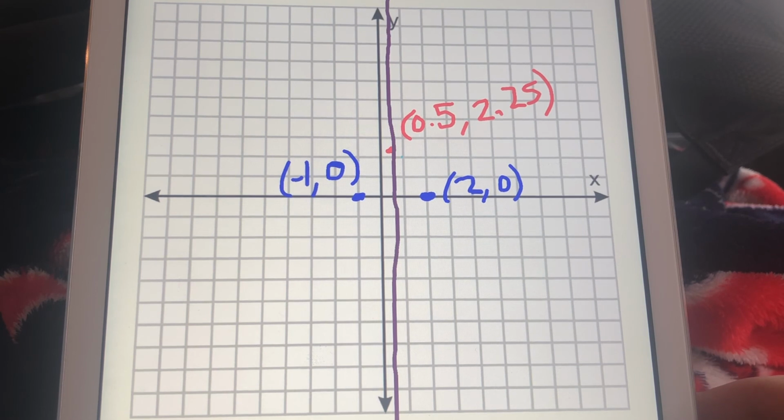If you don't have symmetric points there, then you've messed something up. We found our y-intercept to be there at (0, 2). Using symmetry, we've got another point equidistant from that on the right side. So those two green points should be symmetric again. My axis of symmetry is a little bit crooked, but you get the idea. Now I can just connect those points and I've got my parabola. So that's the quick graph of a function that's in intercept form.